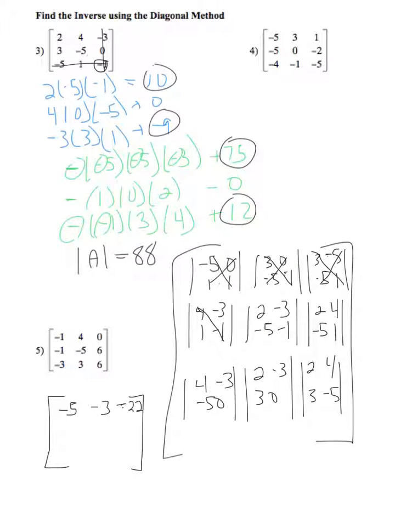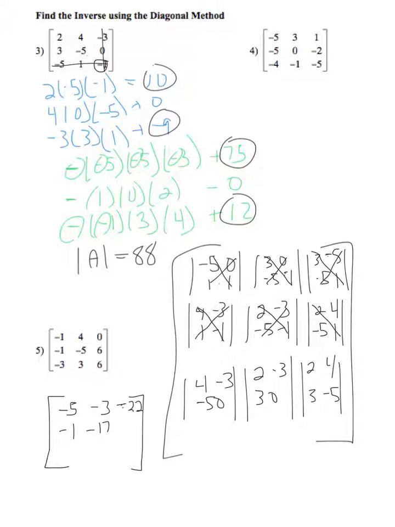There's negative 4 minus negative 3. So negative 4 plus 3, negative 1. There's negative 2 minus 15. Negative 2 minus 15 will be negative 17.